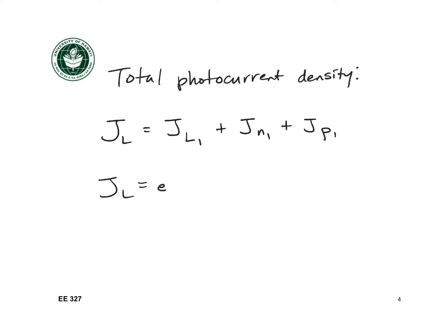So this is electronic charge times the generation rate times the depletion region width for the prompt photocurrent. The delayed photocurrent is electronic charge times the generation rate times the diffusion length of electrons, and electronic charge times the generation rate times the diffusion length of holes.